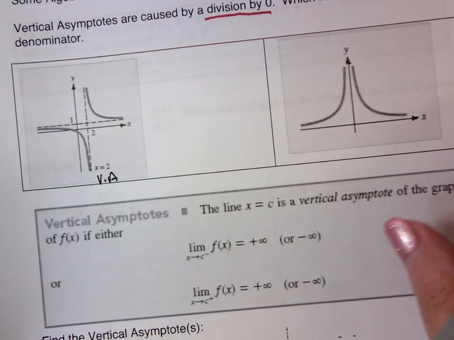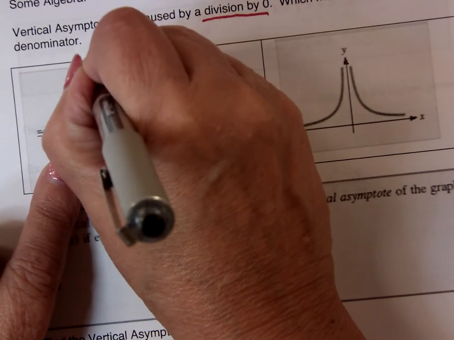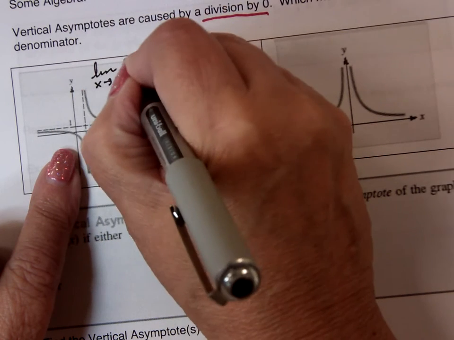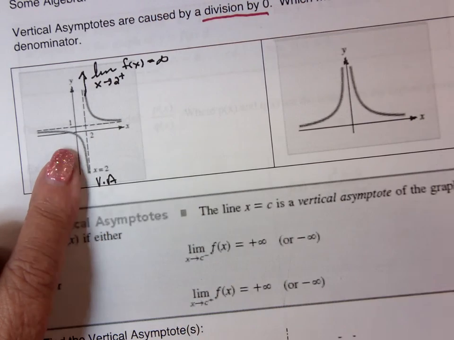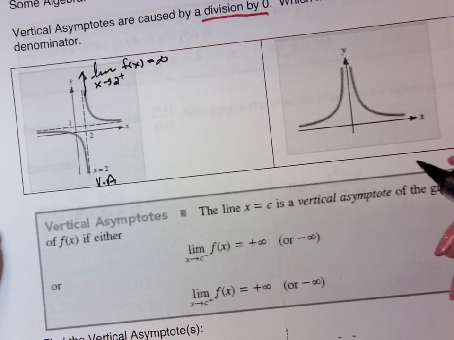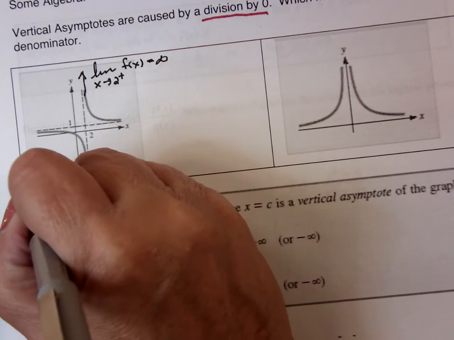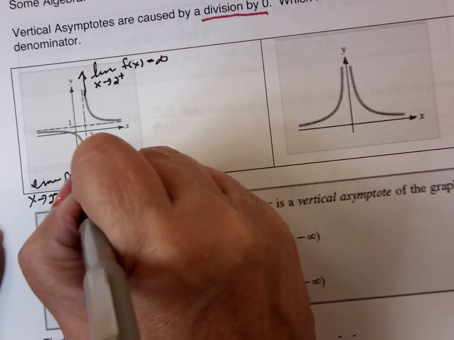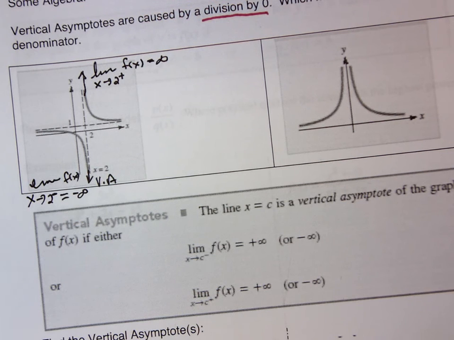If I apply calculus to this, I will notice that the limit as x goes to 2 from the right of f of x, in this case is infinity since it's going up, and then that the limit as x approaches 2 from the left of f of x is minus infinity because it's going down. And by the way, from a calculus point of view, that technically speaking is how you know you have a VA.